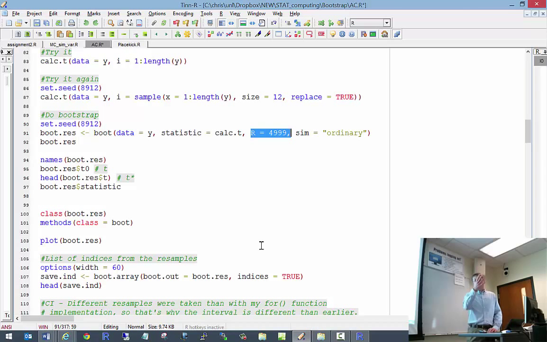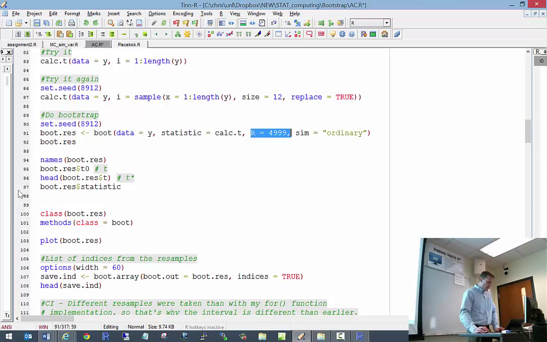Well, this corresponds to what I said about two minutes ago: calc.t is used 4,999 times for the resamples, and then the extra time is for the original data, R+1. So that's when I said calc.t is used 5,000 times. Okay?